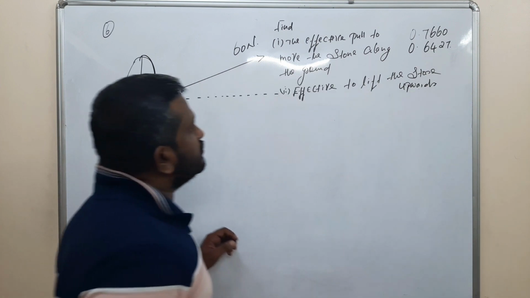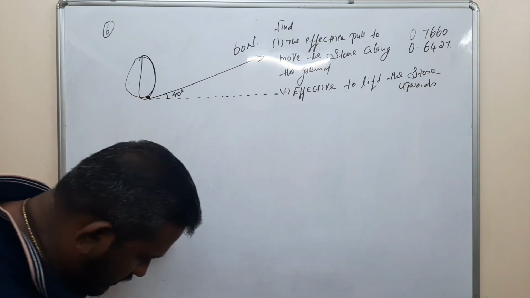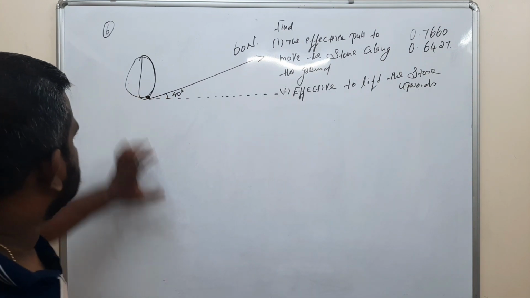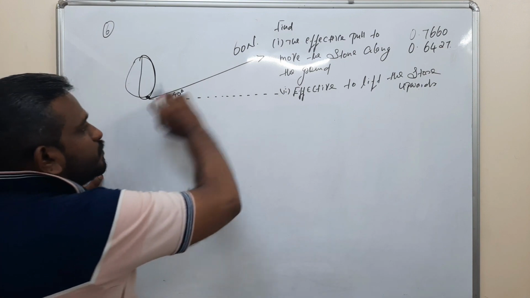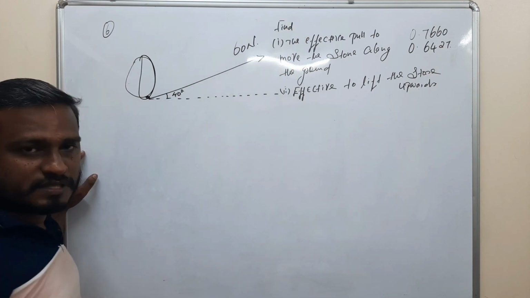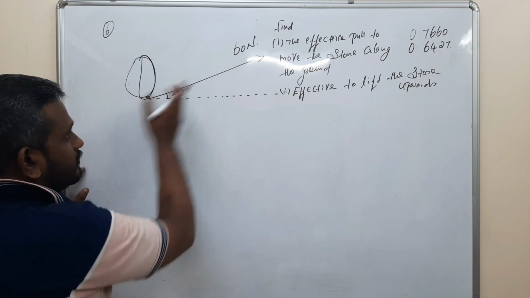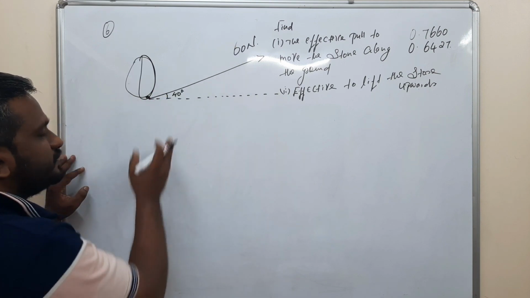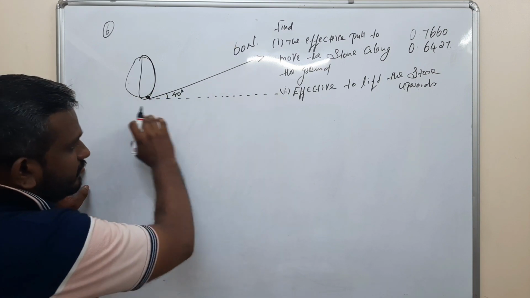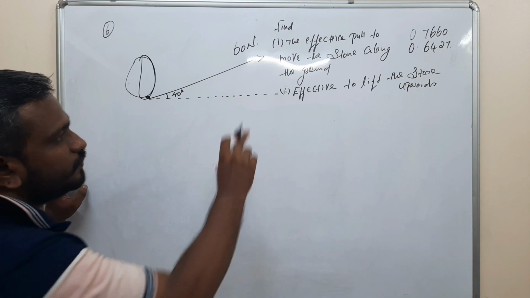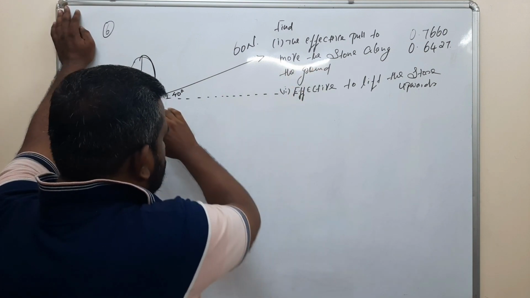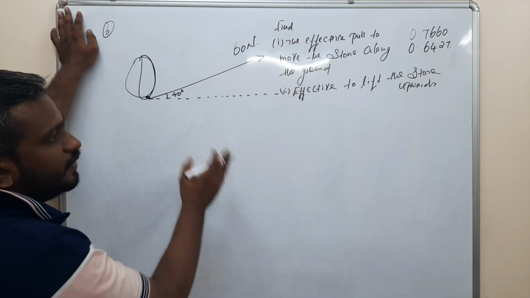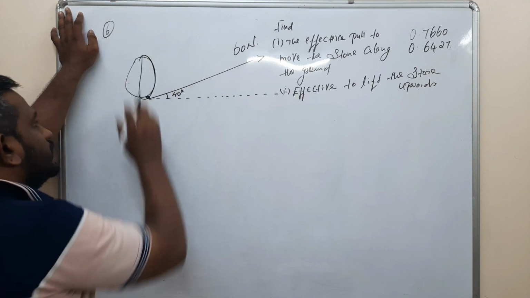So understand the situation. This is the visualization of the situation. One stone is there, a child is pulling the stone with a 60 Newton force. The pulling force makes an angle 40 degree with the ground. We have to find the effective pull to move the stone along the ground and the effective pull to lift the stone upwards.